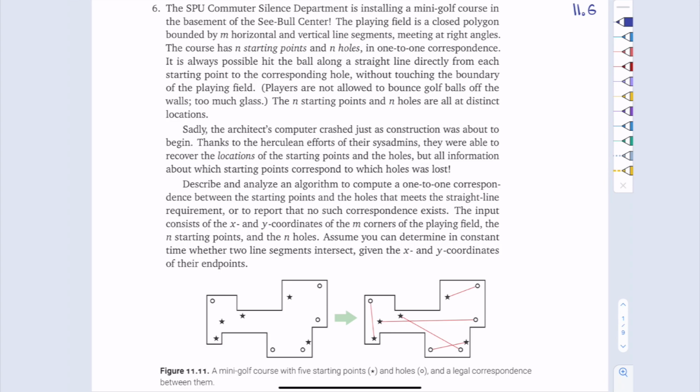Assume that you can figure out intersections in constant time. If you have a line and another line, instead of worrying about the arithmetic of whether they cross, just assume you have some subroutine to figure that out for you.